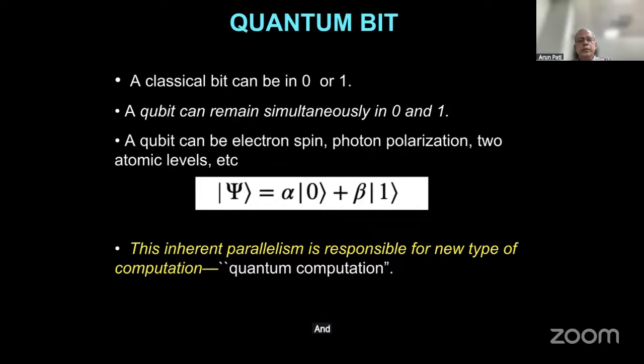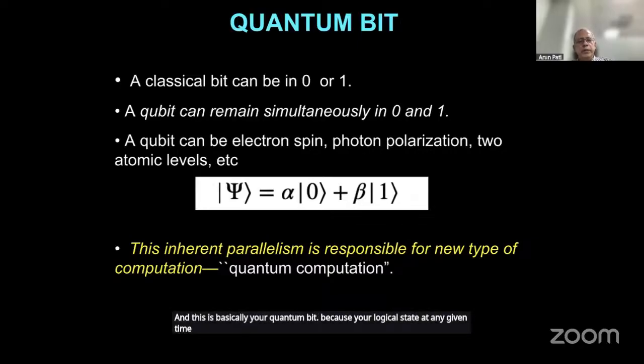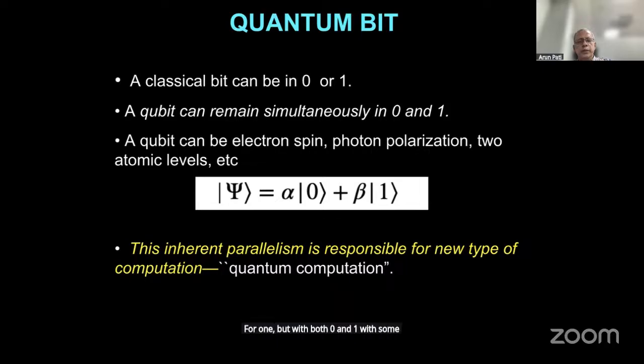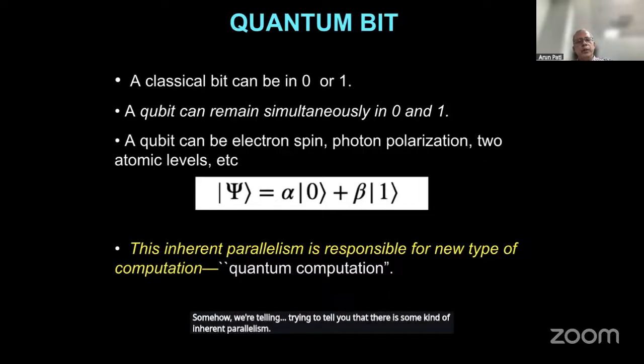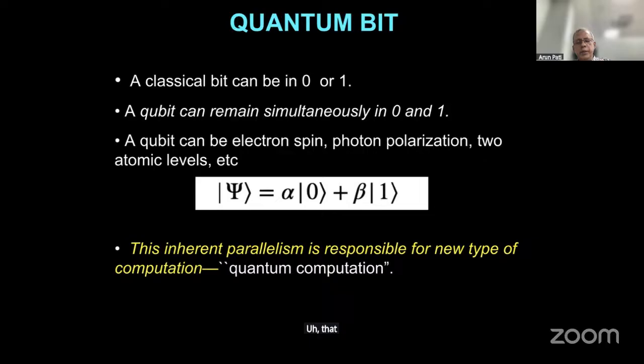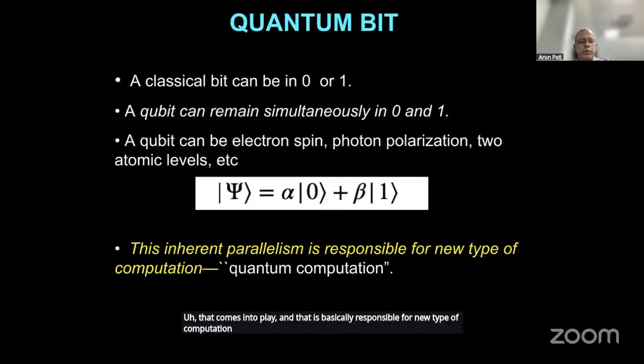And this is basically your quantum bit, because your logical state at any given time is not only 0 or 1, but it is both 0 and 1 with some amplitudes alpha and beta. So this is trying to tell you that there is some kind of inherent parallelism that comes into play, and that is basically responsible for a new type of computation, what we are talking about, quantum computation.